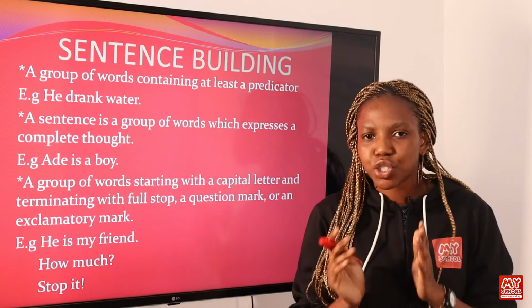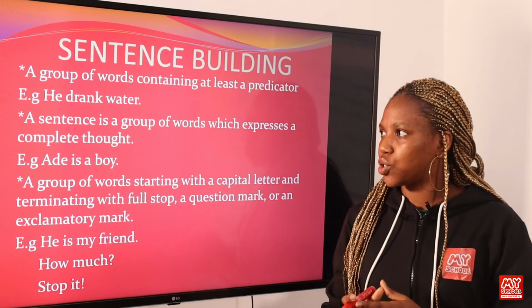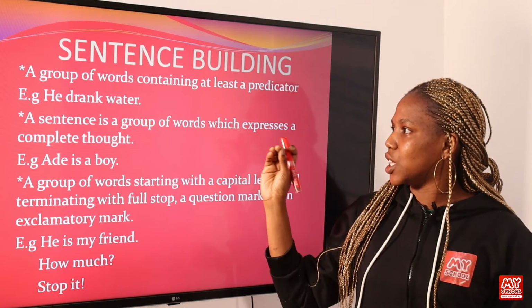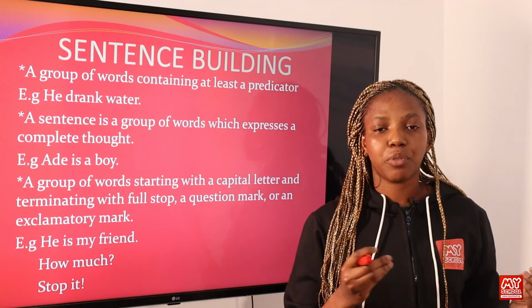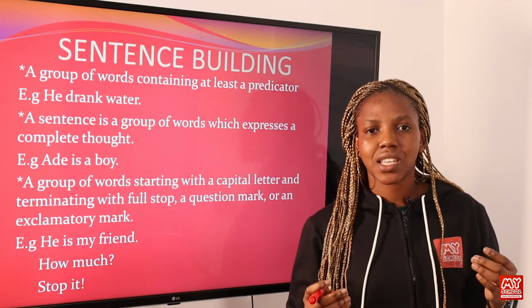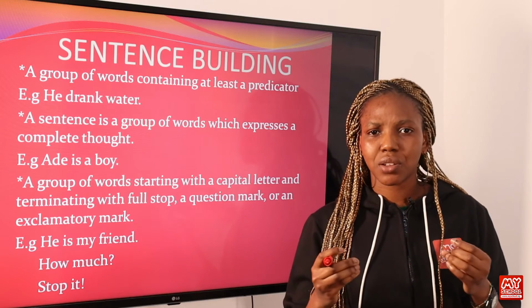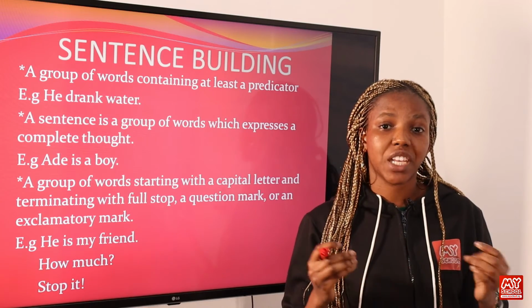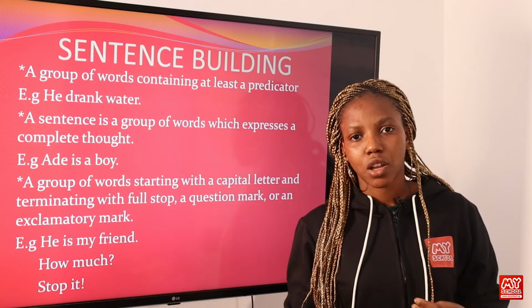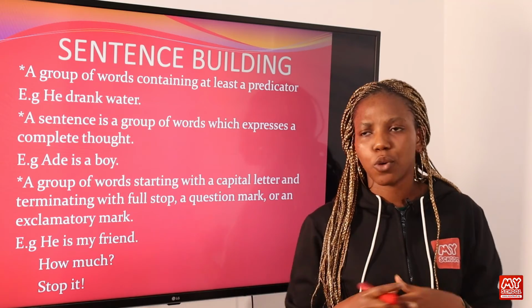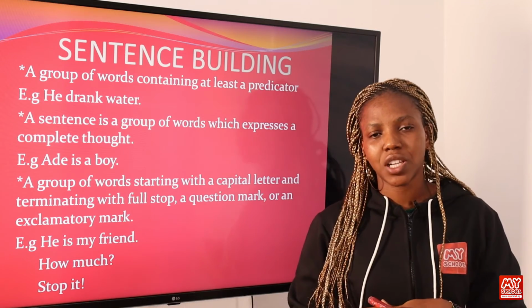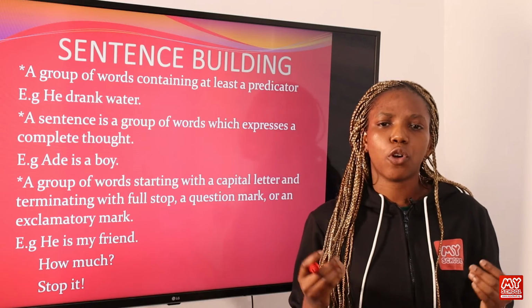So it is restricted in a way. And here it says at least a predicator. For example, the first example I made, I will take care of the kids if you want to watch TV. We see there's more than one predicator, that's verbs, in the sentence, and it's still regarded as one sentence. So all of these definitions are good ways to describe it, but they are not complete in a way.